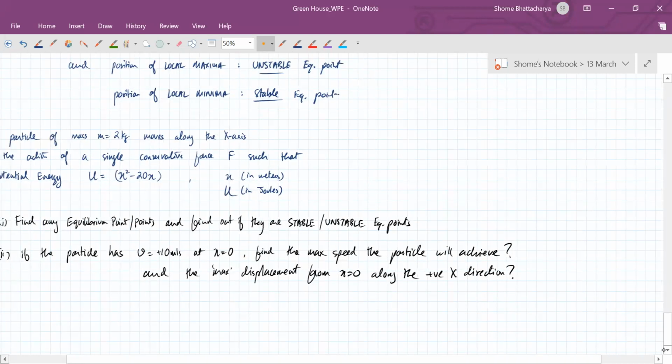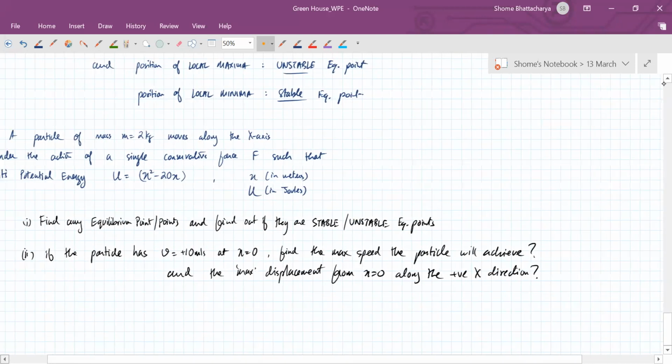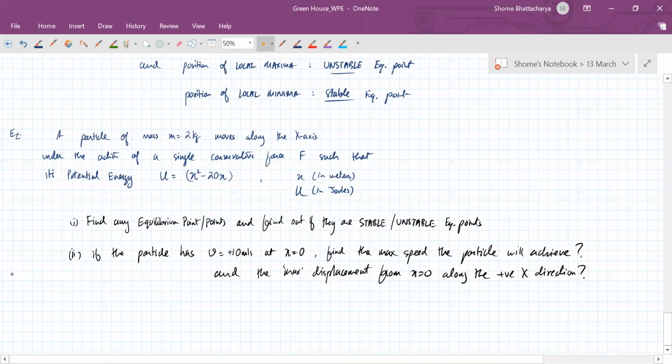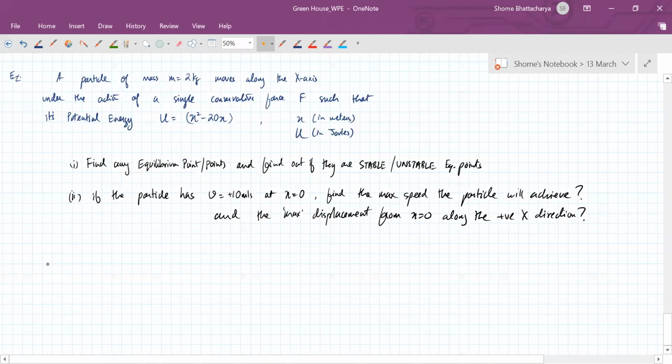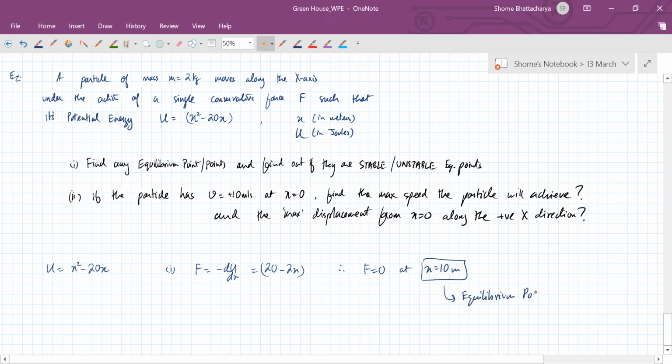Okay, so let's come back to this question now. You can see that our potential energy function is x square minus 20x. So force, being minus dU by dx, will become 20 minus 2x. So we can see that F is equal to 0 at x equal to 10 meters. So that is your equilibrium point. Okay.